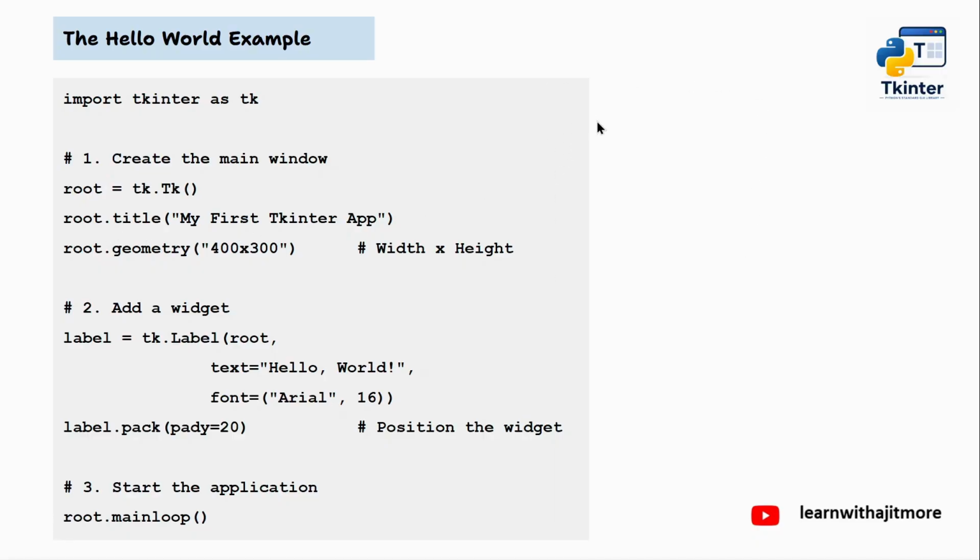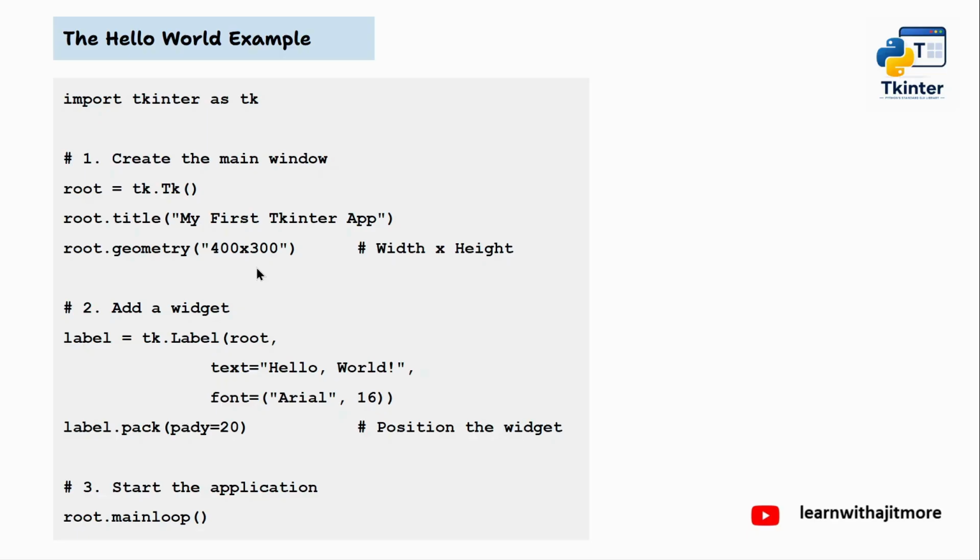Whatever window is created, in the title bar you'll see this, my first Tkinter app. Then there is a geometry method, which decides the width and the height. How to give that geometry? This way, see. The width cross height. I'm giving 400 cross 300. The unit is in terms of pixels.